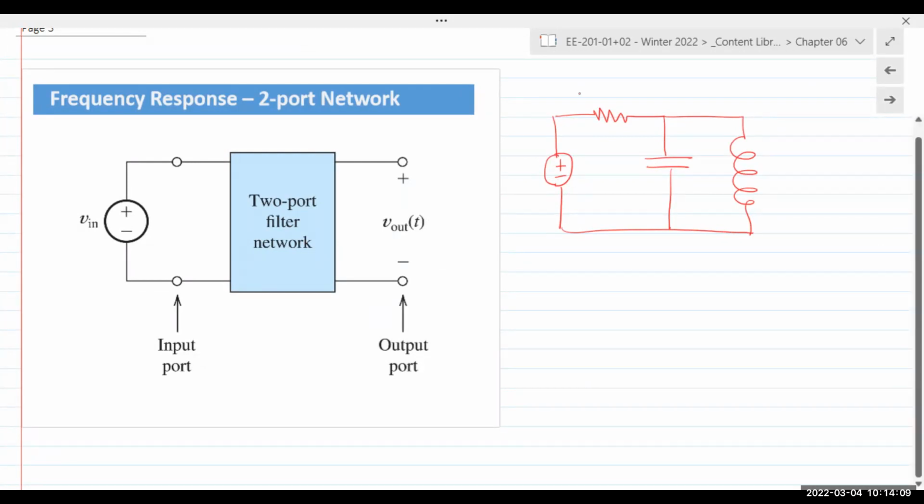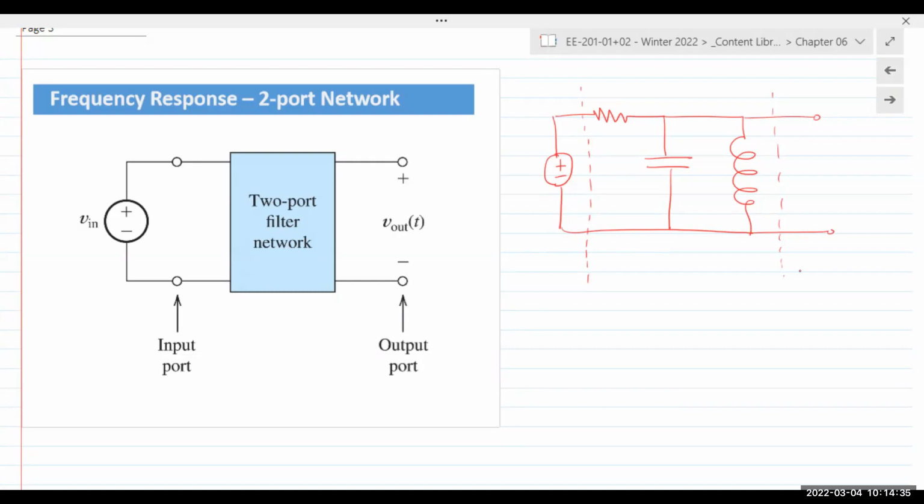Now, what if we isolate this, extend out the output, and we put the components inside a sealed box? Network basically is a synonym for circuits. You may have heard me talk about circuits and networks intermittently, right?